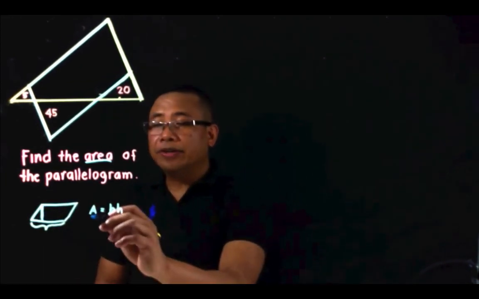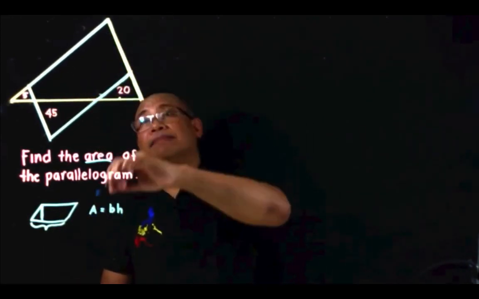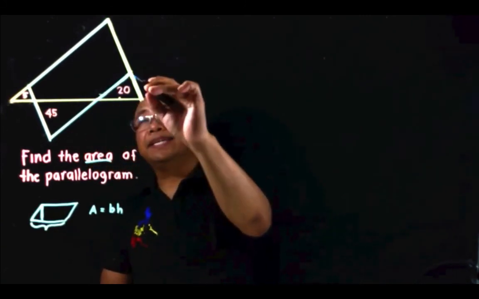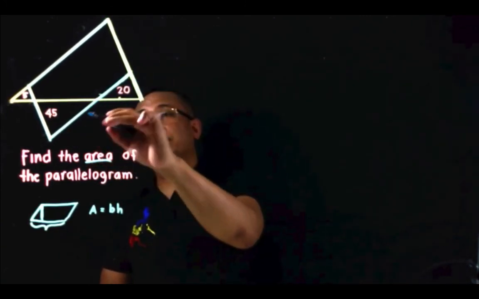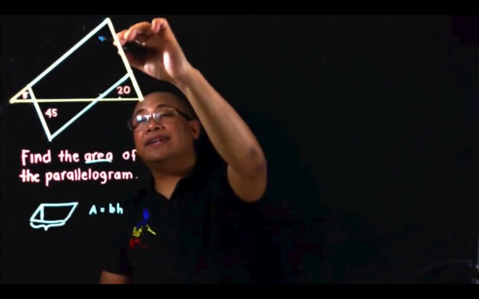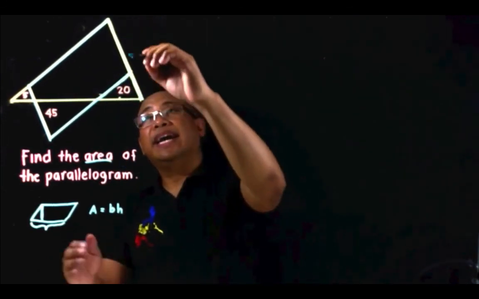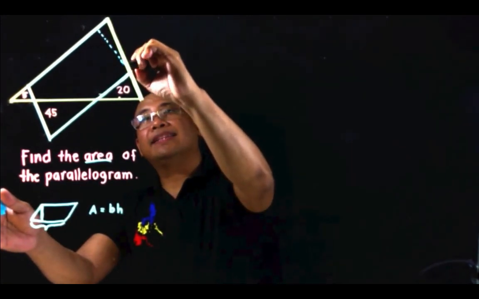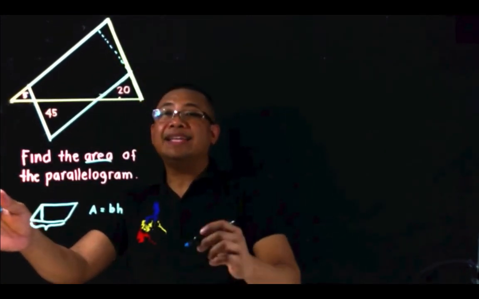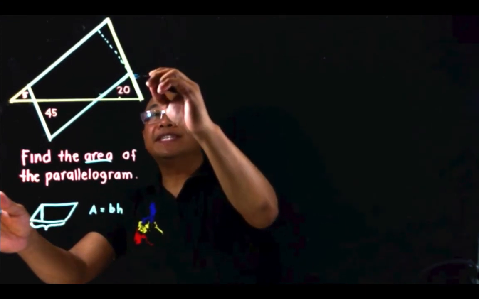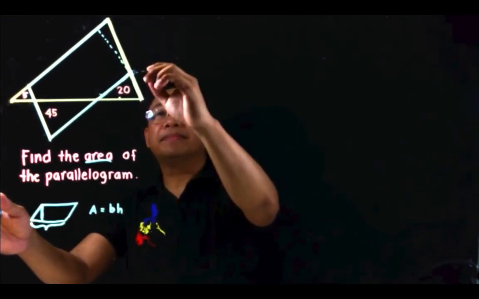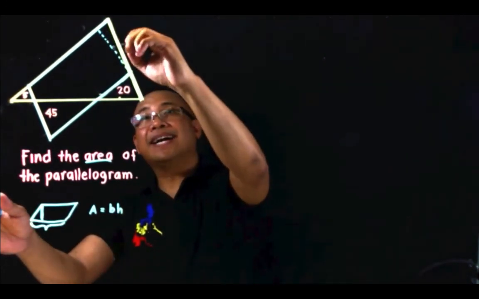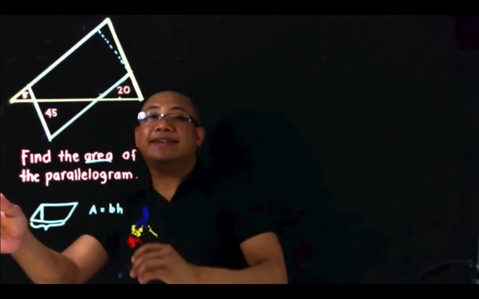So if you're going to use this formula for this parallelogram, it implies that we need to find the length of this base, and this base has the same length as the other opposite side, and we need also to find the height, which is a line segment from one vertex of the parallelogram perpendicular to the opposite side. We can either find this height or we can draw that in the other side.